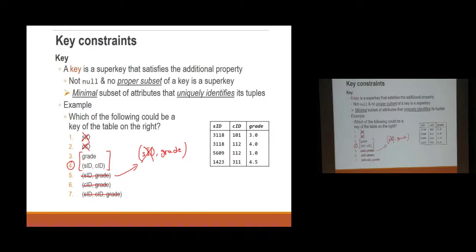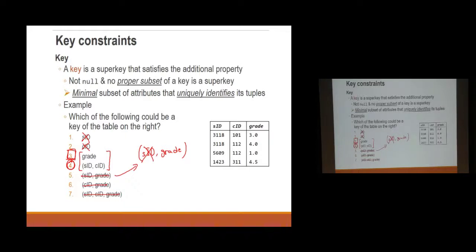If what we want to find is the minimum, then only grade is a key. But because we are finding a minimal, both number 3 and number 4 are keys.